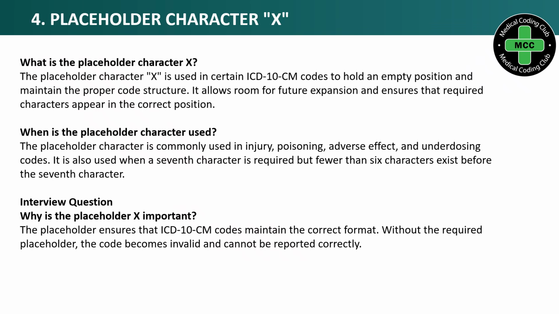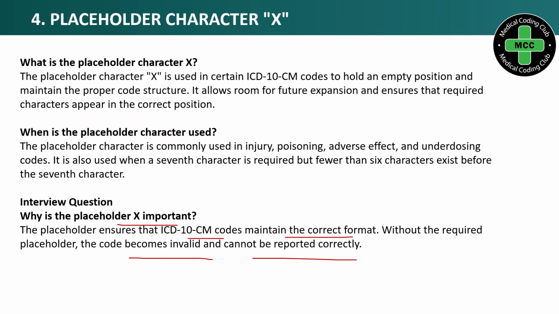In place of X, if they want any digits in upcoming expansions, they may introduce a code in that particular area, but as of now they fill that empty space with the character X. Okay, so why is this placeholder X important? The placeholder ensures that the ICD-10-CM code maintains the correct format. Without a required placeholder, the code becomes invalid and cannot be reported correctly.